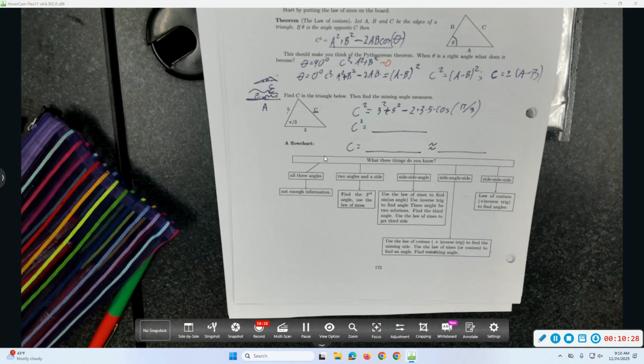So once you work out what C should be, we'll come together.